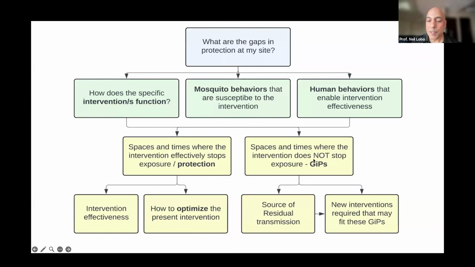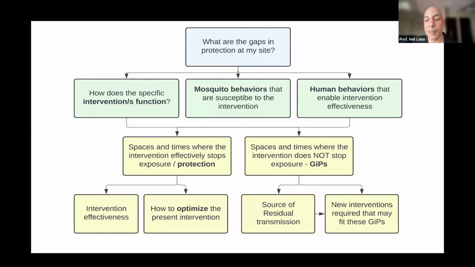And when we understand gaps in protection, we can understand the sources, the times and places where there is residual transmission, exposure happening. And this will tell us new interventions that might be needed in those spaces and times, how to fit interventions into those spaces and times, as well as, if we have no more funding or no more capacity, it tells us what we cannot do anything about. And that's important to understand.